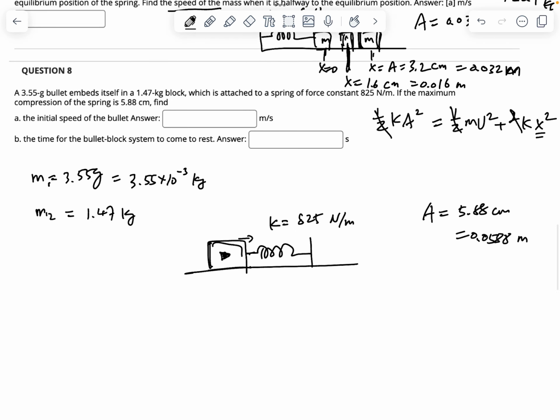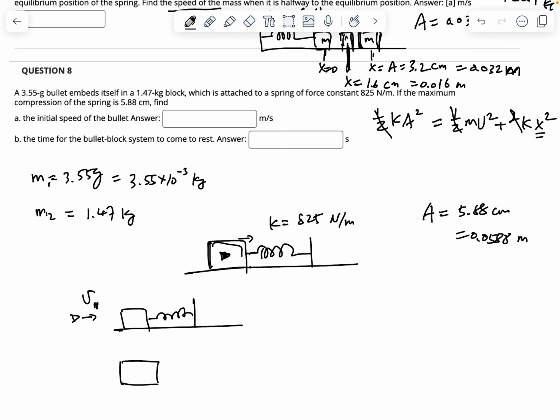So basically, there's a bullet and a block attached to a spring. The bullet has initial velocity V1 and hits the block.